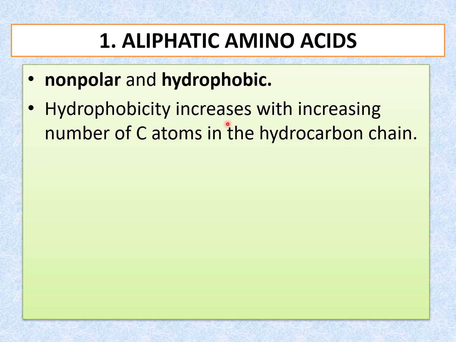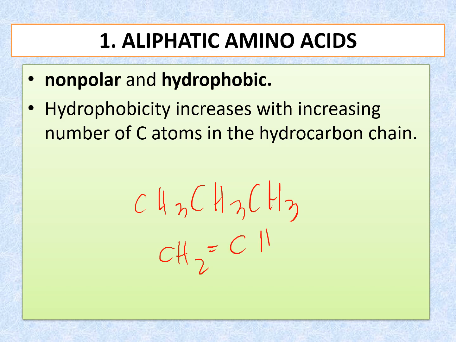Now, one of the subclasses of your hydrophobic amino acids would be aliphatic amino acids. Remember, you have the alkanes, alkenes, alkynes. The CH3, CH3, CH3, right? Or the CH2 double bonded to CH, to CH3, CH3.